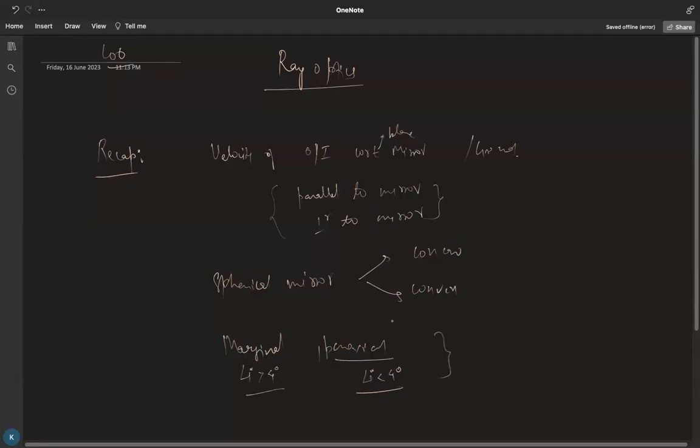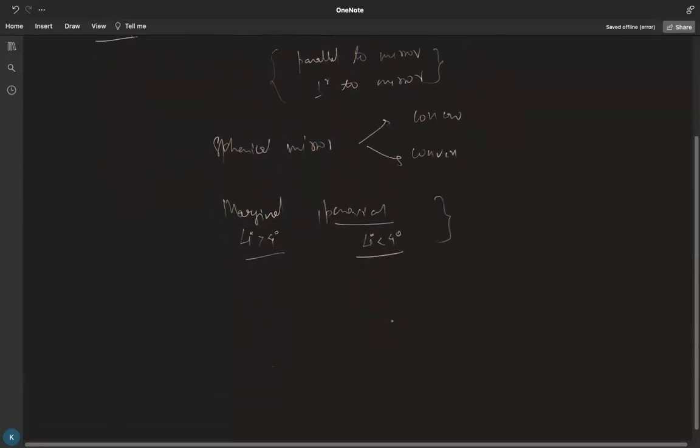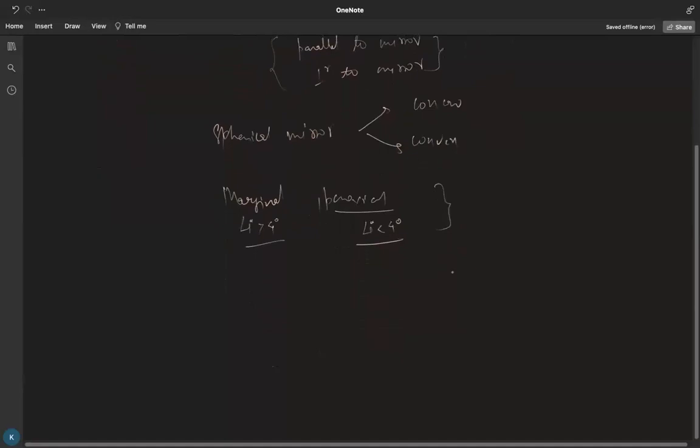I also said that in this chapter we are only deriving the formulas for paraxial rays, where the angle of incidence is less than 4 degrees. Then we discussed focus and focal length. The point on the principal axis at which parallel and paraxial rays intersect or appear to intersect is termed the focus of the spherical mirror.